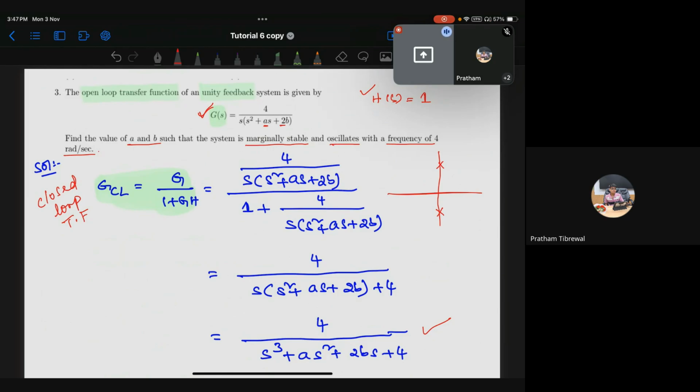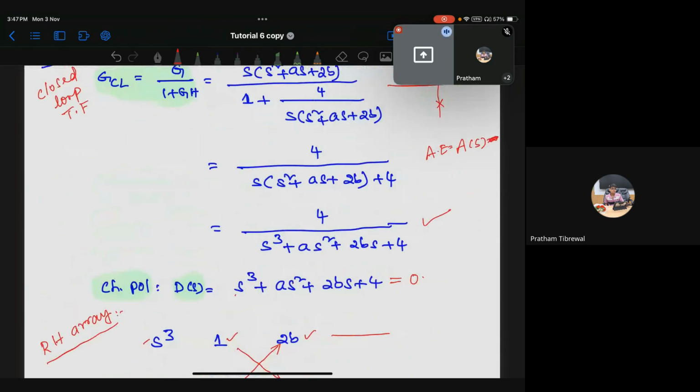When do we have roots on the j omega axis? When you get this auxiliary equation situation, correct? So when you get that situation, a row will have all zeros.